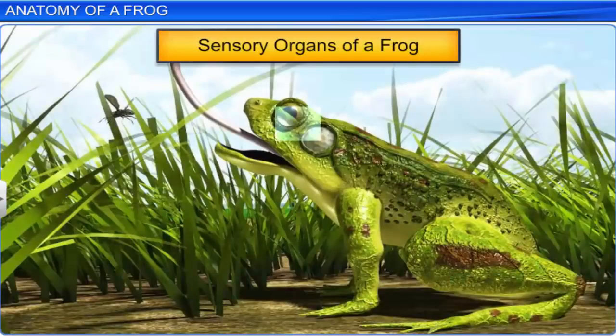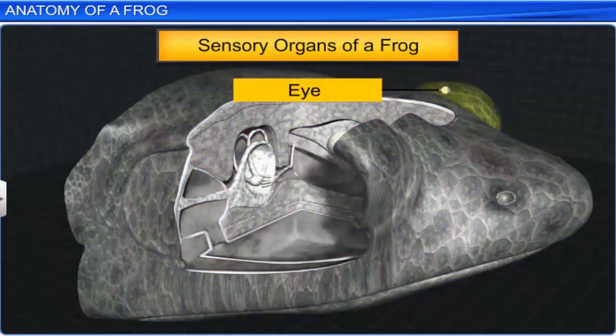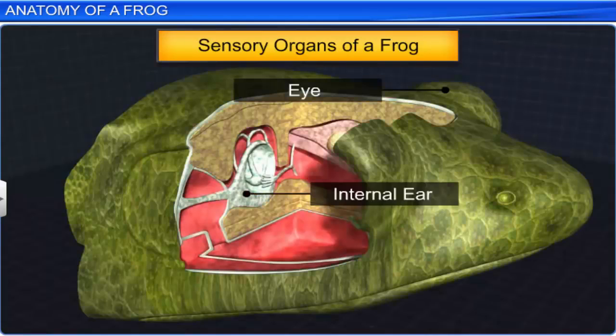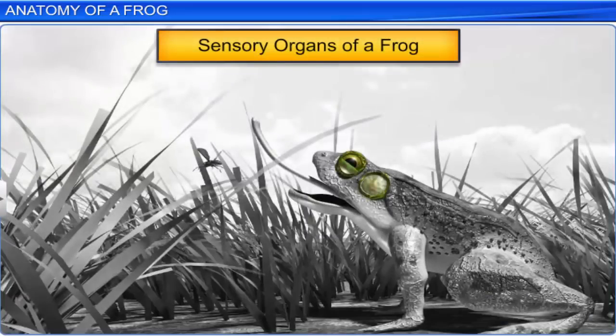However, only the eyes and internal ears are well-organized structures, while others are cellular aggregations around nerve endings. The eyes are simple and are situated in the orbit of the skull, and behind each eye is a tympanum that serves as a hearing and a balancing organ.